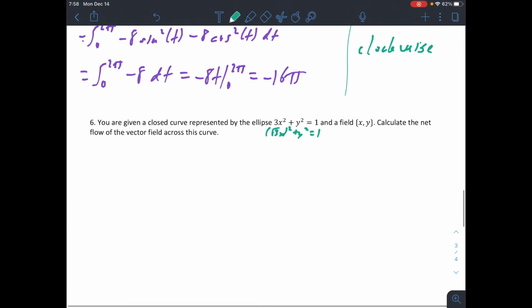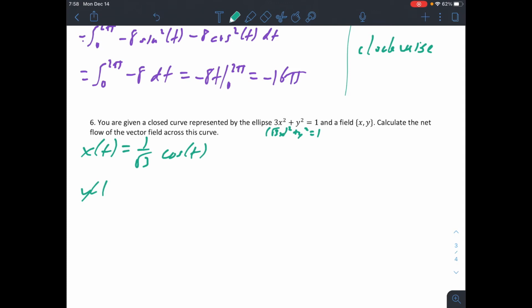Give me a little bit more of a feeling about what this is. So when I do my x of t here, it's going to be 1 over root 3 cosine t. And y of t is just going to be sine of t.